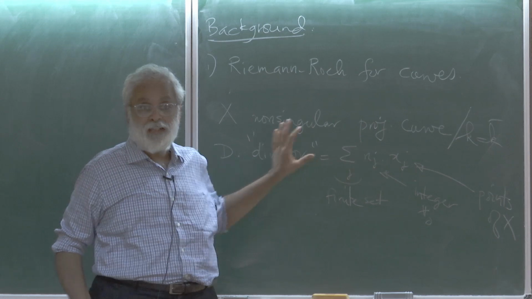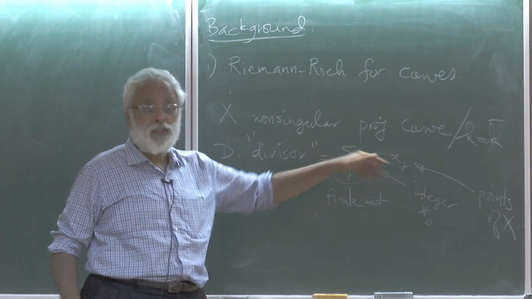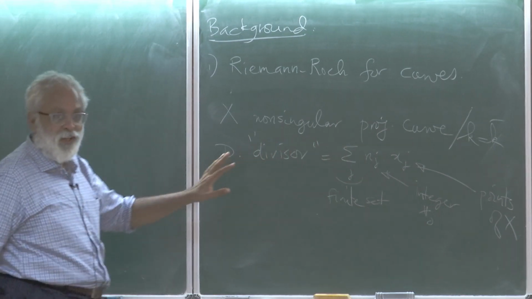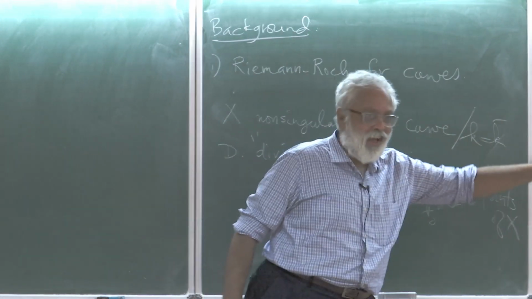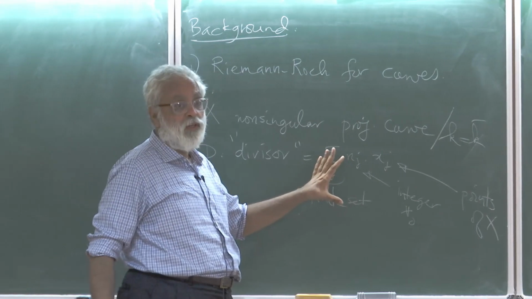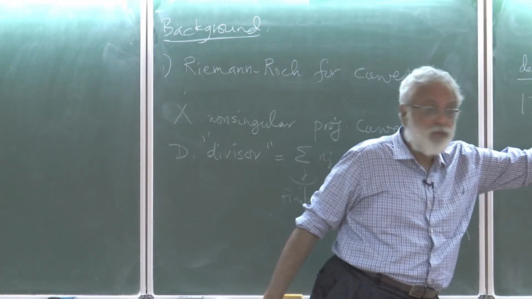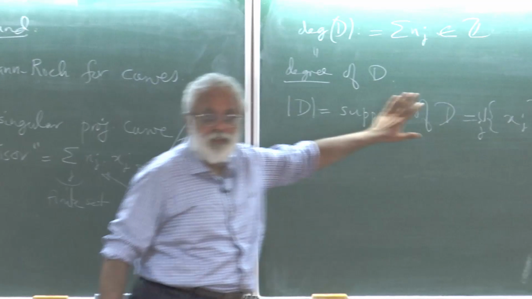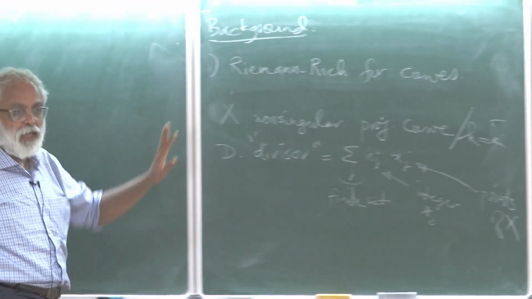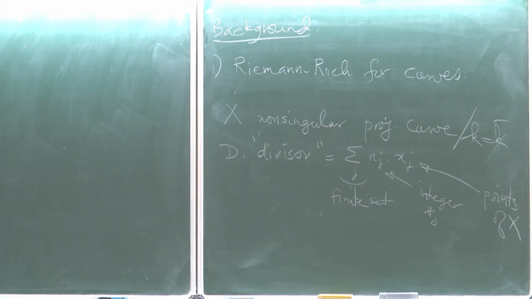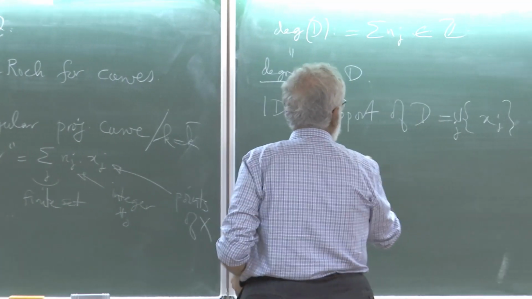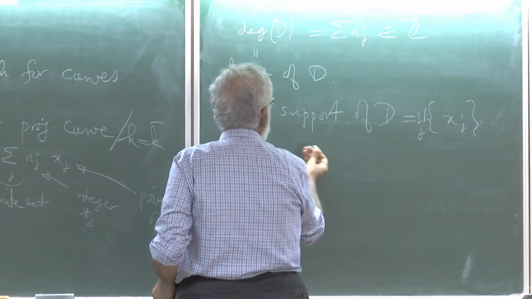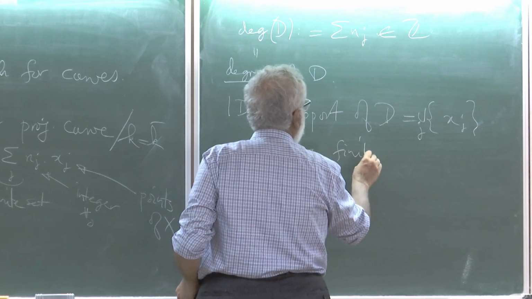That's also okay; then I get the divisor 0. I don't take any points and don't have any coefficients. That's allowed. But if I have points at all, then I'm assuming the coefficients are non-zero, so every x_j occurs with some coefficient. So the set of x_j is the support, a finite subset.